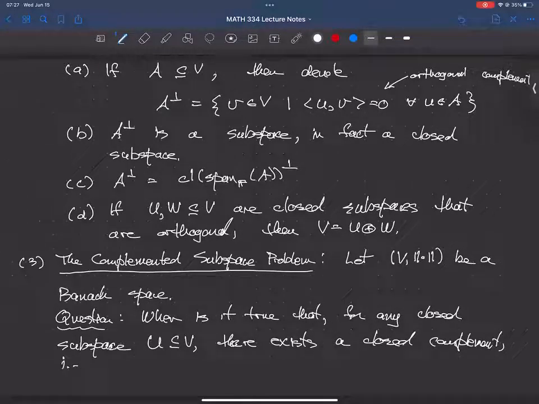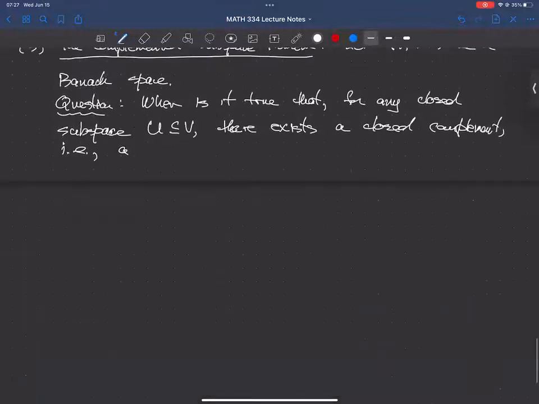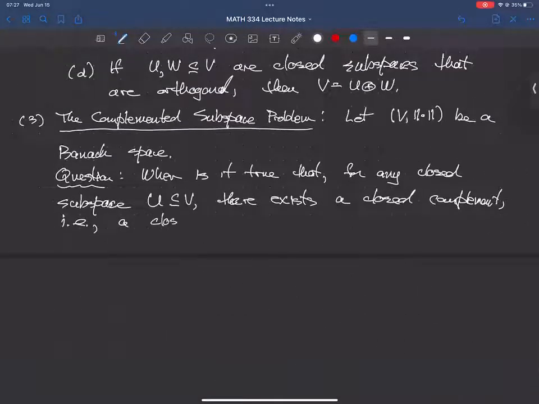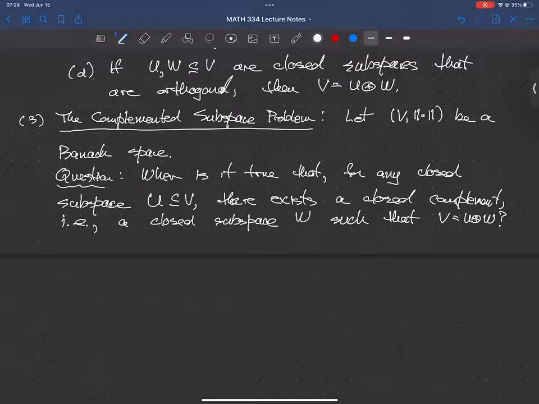And by that I mean a closed subspace W such that V is U plus W. Okay. All right. So first thing is this is not always true. Okay. So there exist Banach spaces, and the examples are not incredibly pathological, but Banach spaces with closed subspaces that do not have a closed complement.